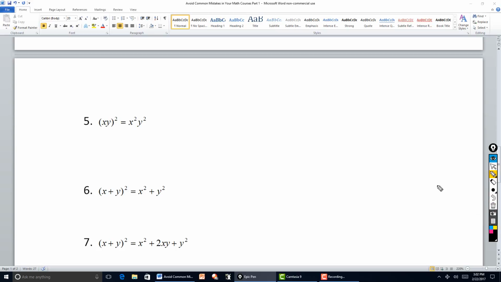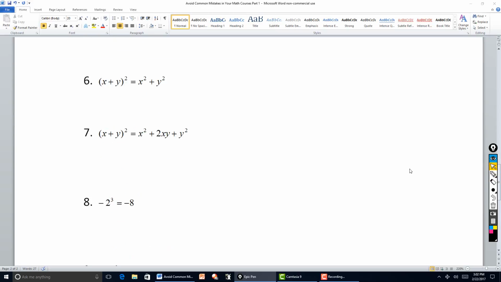Clear this. Okay, minus 2 cubed is negative 8. Is that a true statement? The answer is yes.